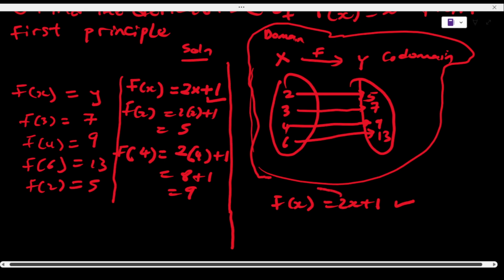That means the value you put inside here is what you get here. Like this function of 2, when you apply this formula to this 2, you get this 5. When you apply 2x plus 1 to this 4, you get 9.